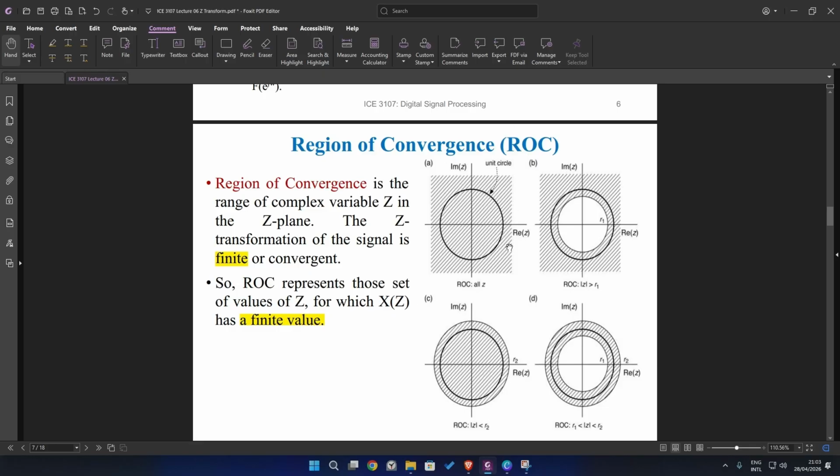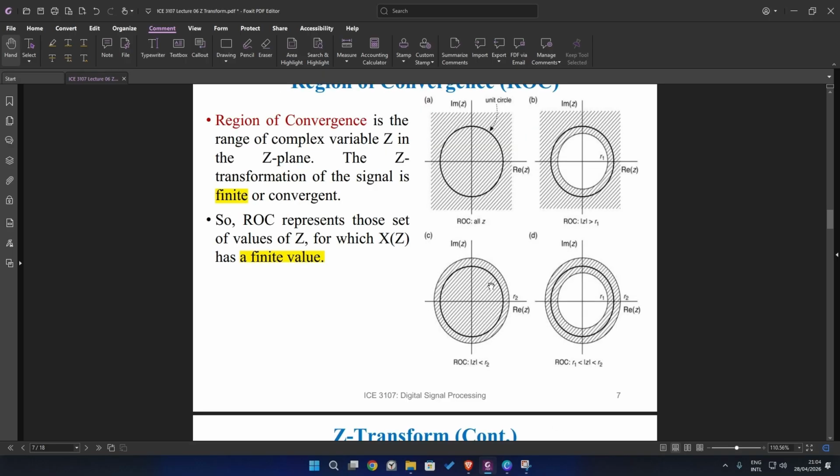In the first graph, we can see that over all of the z plane, it produces a finite value of X(z). So the ROC will be the entire z plane. In the second graph, the highlighted round circle is denoting the unit circle, and inside this circle we are also seeing a circle of radius R1. So here the ROC will be |z| greater than R1.